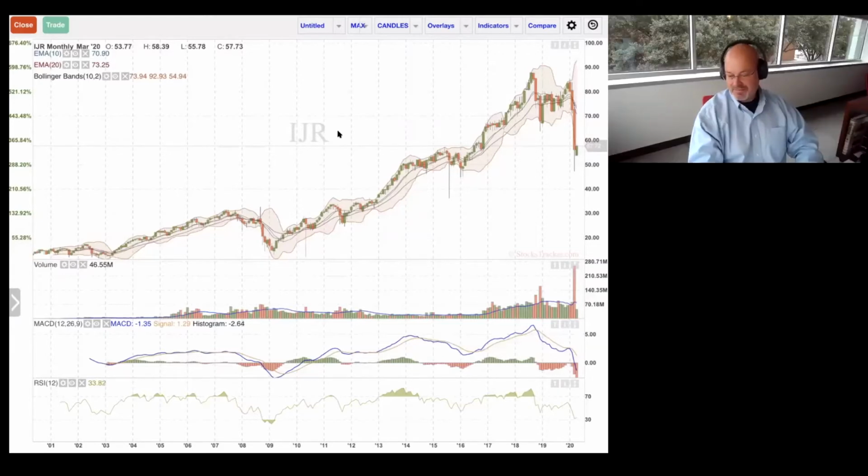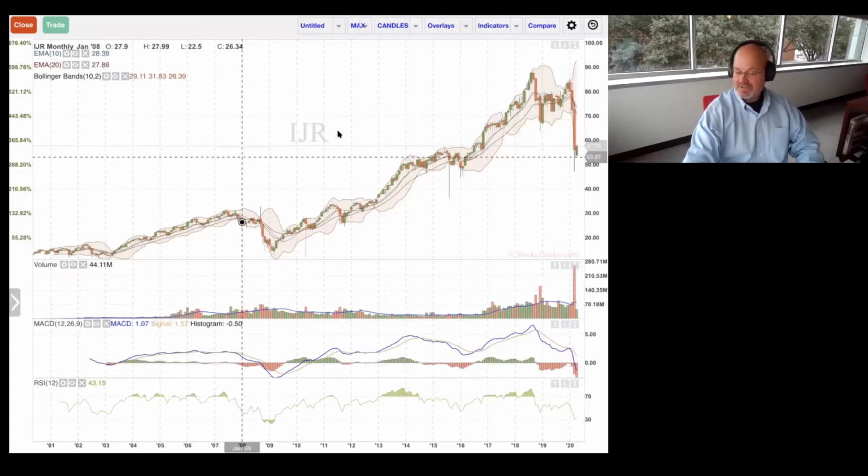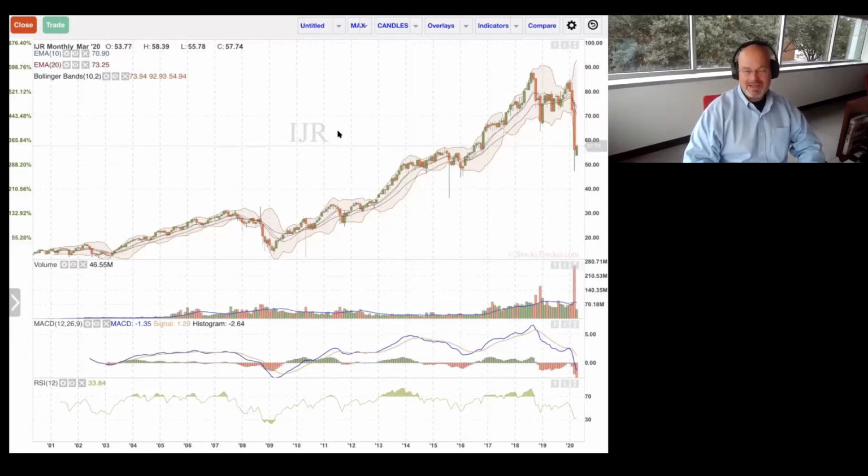And you can see that reflected in this chart, how far the small cap fell. This is a chart from 2001 to now. Look how much they fell, because investors believe that a lot of these small companies are not going to stay in business.